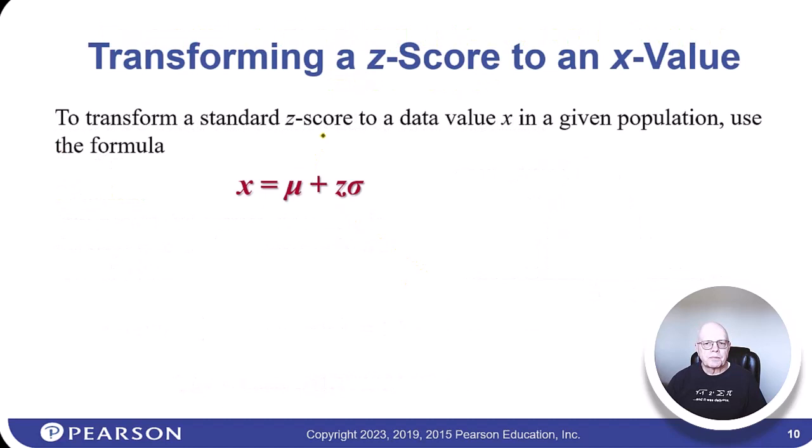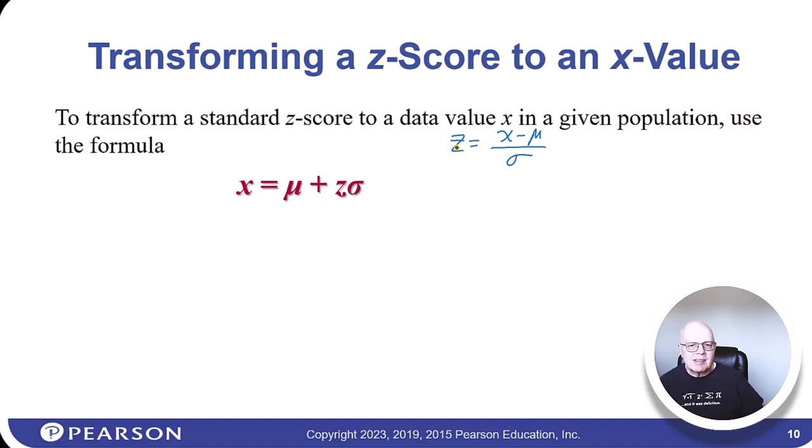Now, I mentioned this a little bit earlier. If you take this and solve it for z, well, maybe you want me to do that. So how can we change a z-score to an x-score? Where did this come from? Well, remember, you want to remember this, of course. X minus mu over the standard deviation is how you find the z-score.